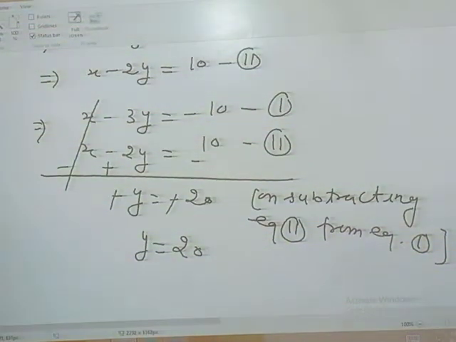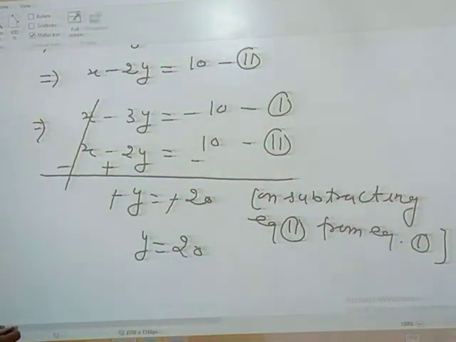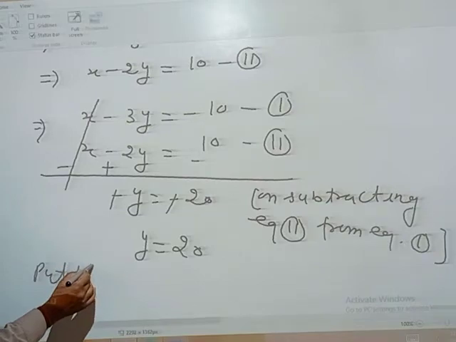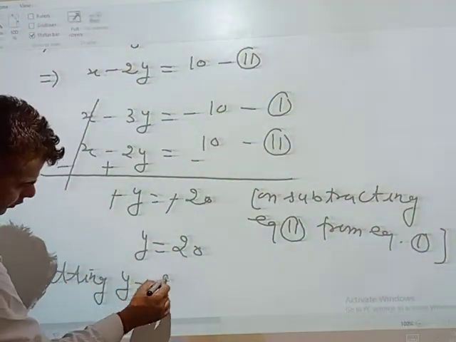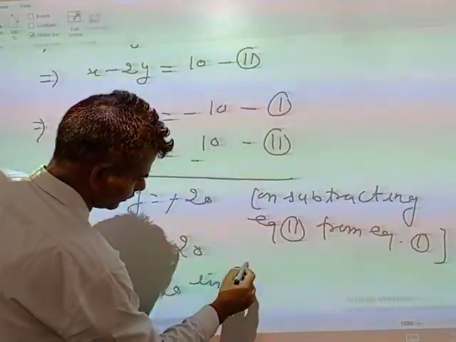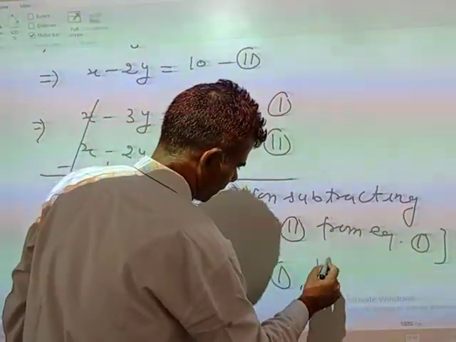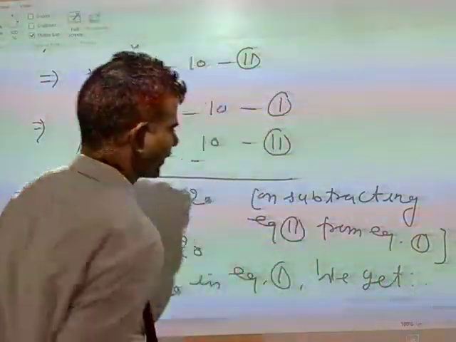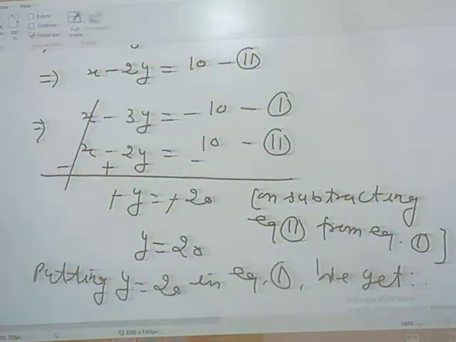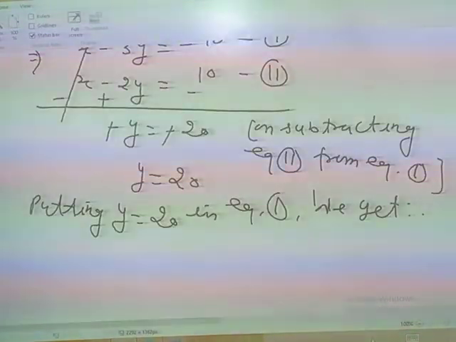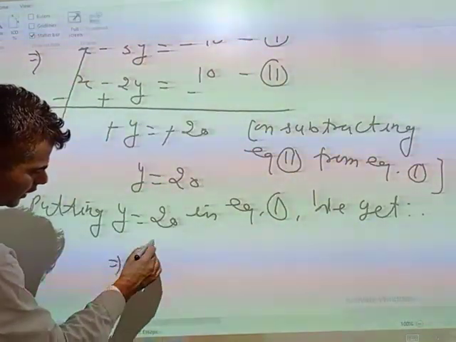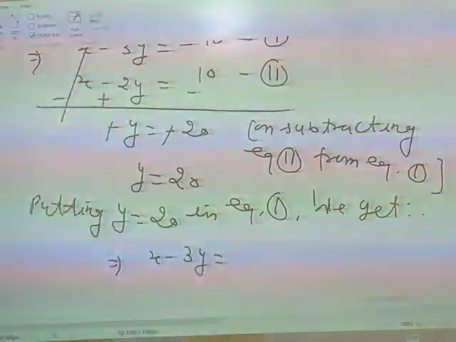Now, students, putting y equal to 20 in equation first, we get the pair of linear equations in two variables x minus 3y is equal to minus 10.